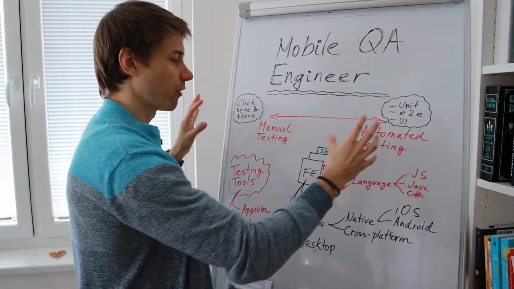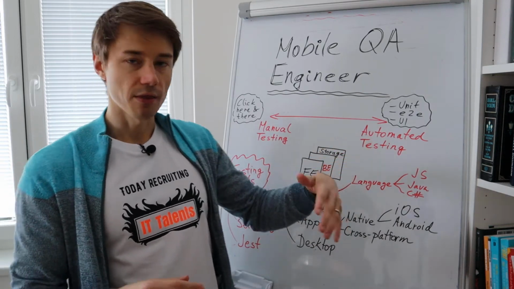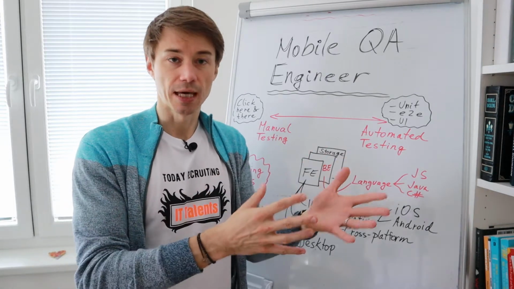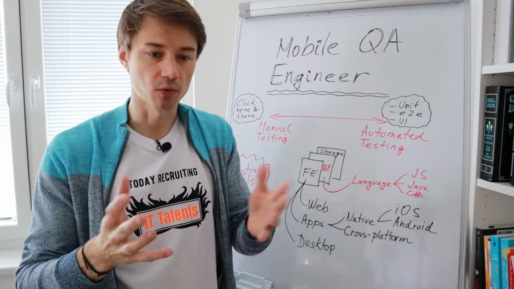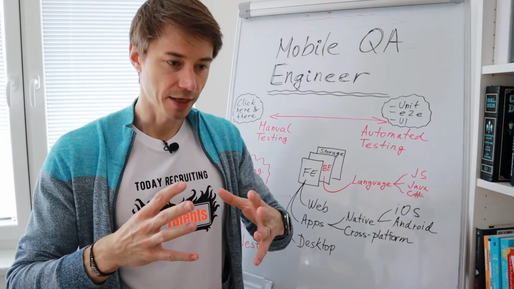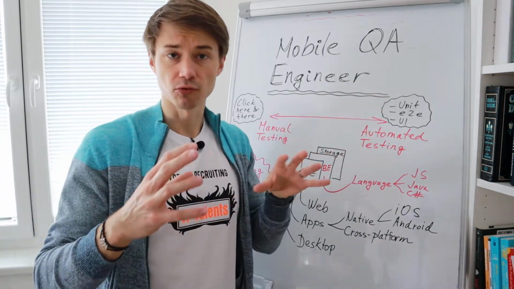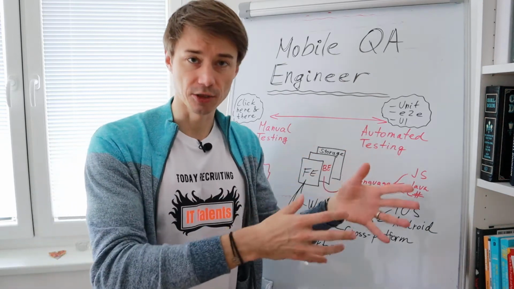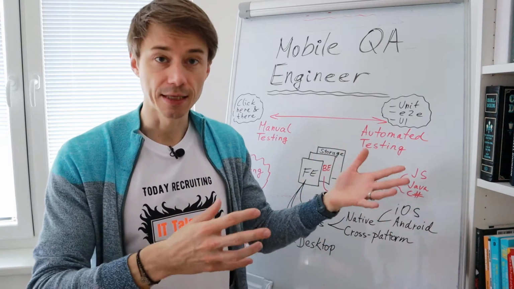On the other end of the scale is automated testing, where the engineer, developer or automated tester, there are different labels of this role within the IT team, writes unit tests or some sort of automated end-to-end test to test the functionality of an application or a website or some backend API.